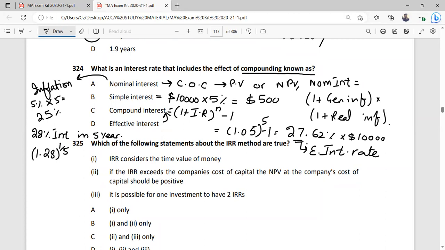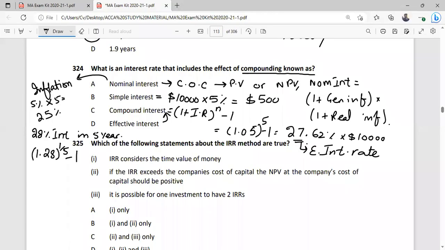N is the number of years, but this time 1 divided by n, because you are performing a reverse calculation. You are converting total interest from year 5 into year 1 interest. So you will convert it by using the reverse concept.